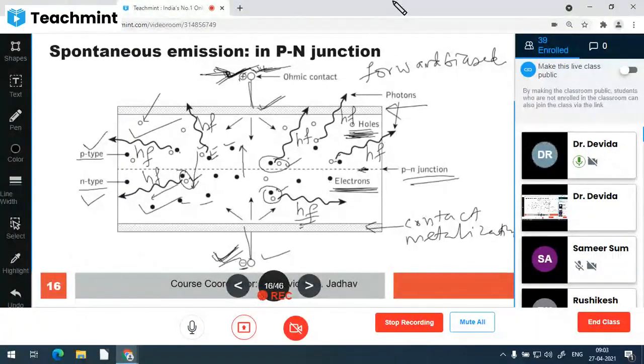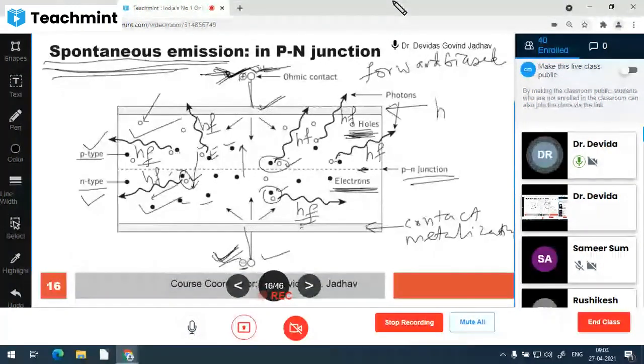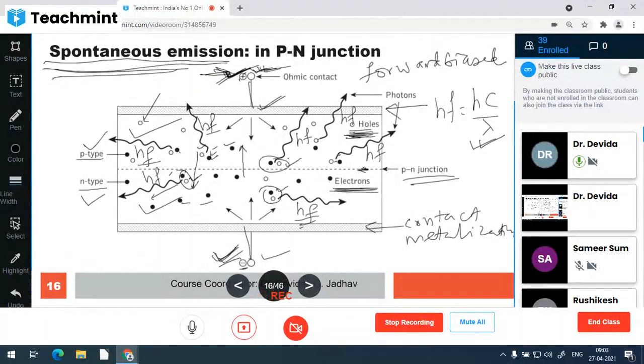They are not directional and they are not coherent. So this is spontaneous emission. But all have the same amount of energy equal to hf, and that is hc upon lambda. So all the photons have the same wavelength. Therefore it is monochromatic.